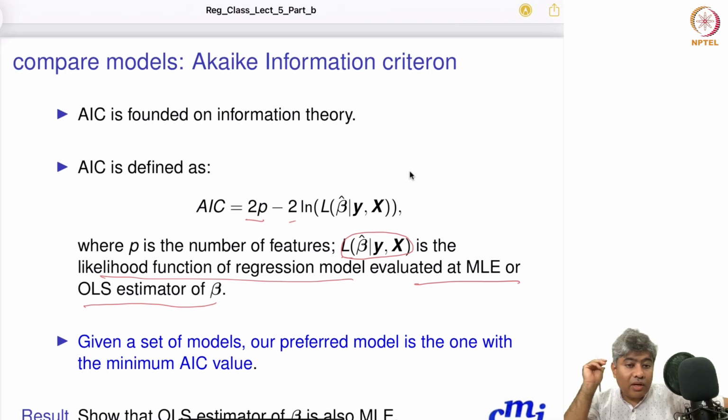Now, given a set of models, our preferred model is the one with the minimum AIC value, because given the definition, the best choice is when the AIC is minimum.